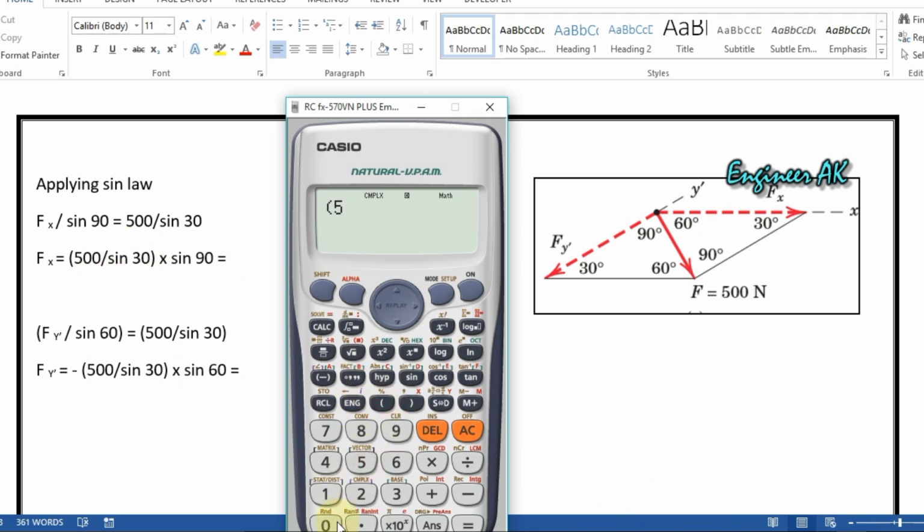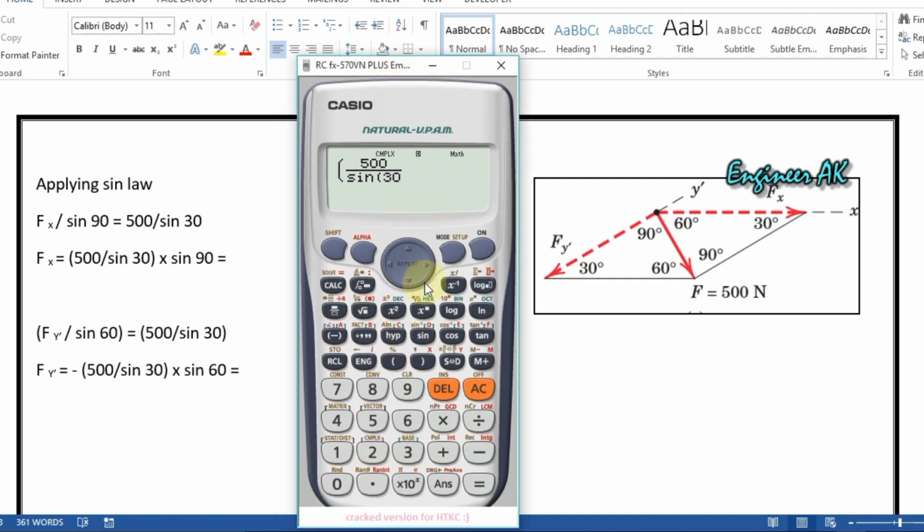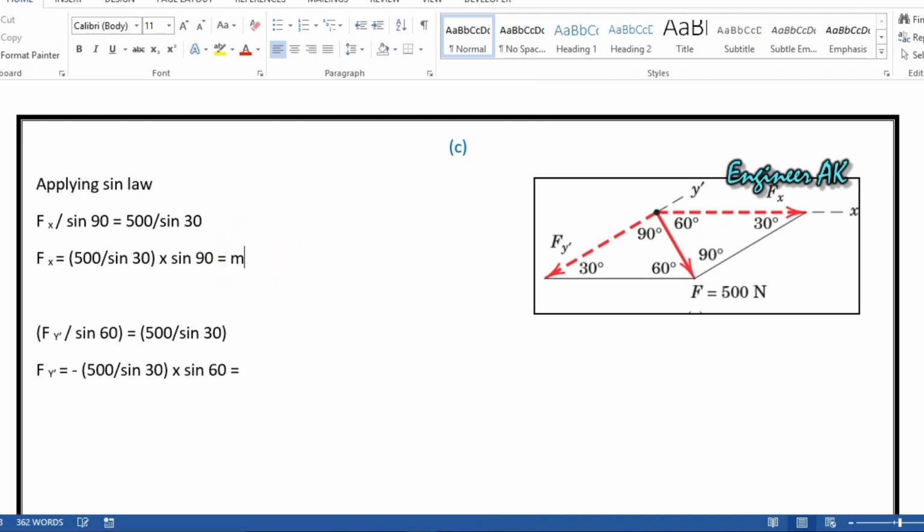500 divided by sine 30, multiplied by sine 90, so we get 1000 Newton, right? So it is equal to 1000 Newton.